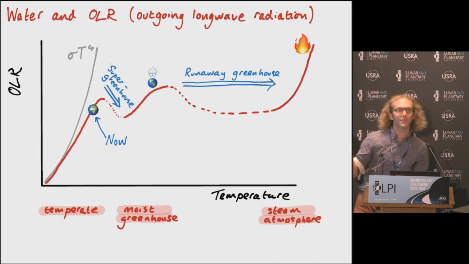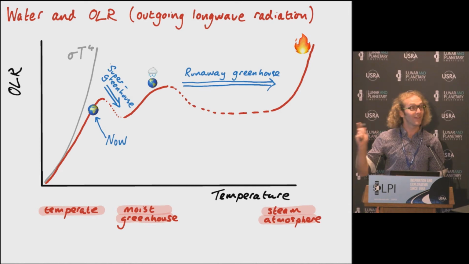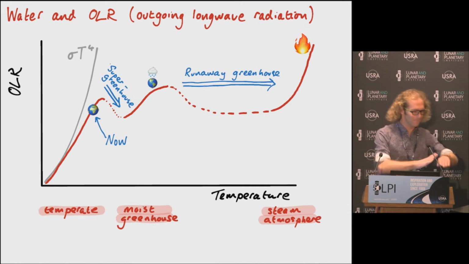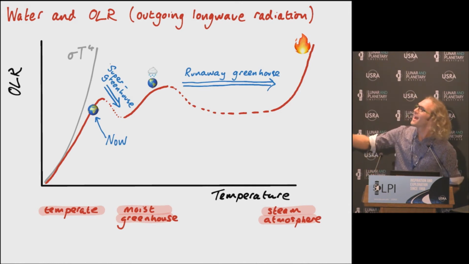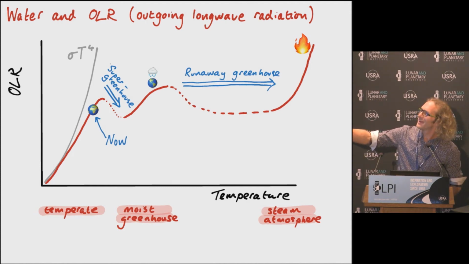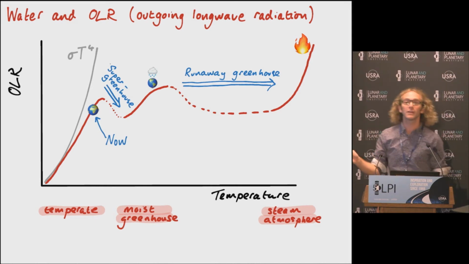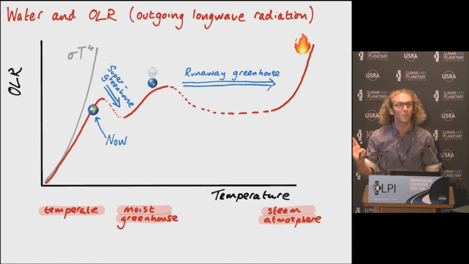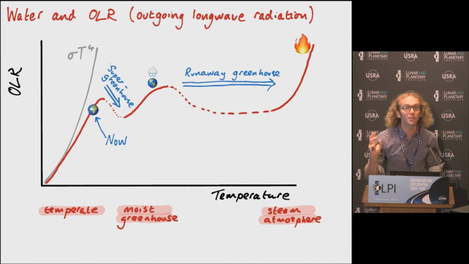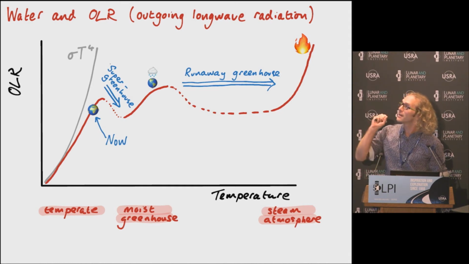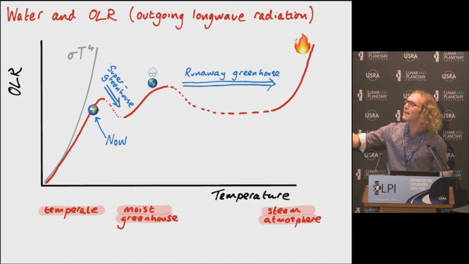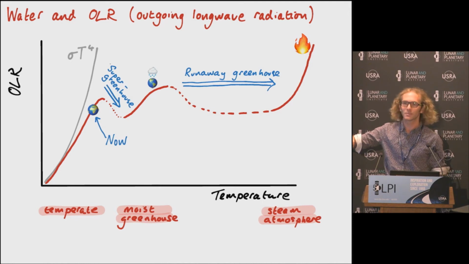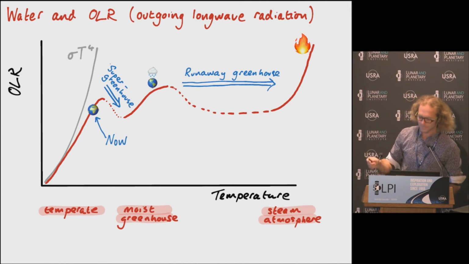So if we imagine that the amount of solar constant, naughty Colin, solar not constant, if we imagine that the albedo didn't change, we could draw a line straight across here, and we could have 3 different fundamental climate states just from the water vapour for present solar constant. We could have temperate climate, we could have a moist greenhouse that's like the tropics everywhere, or we could have the runaway greenhouse, which, well, we wouldn't experience that ourselves.